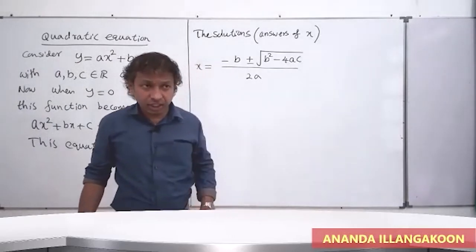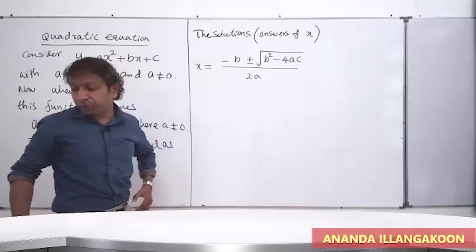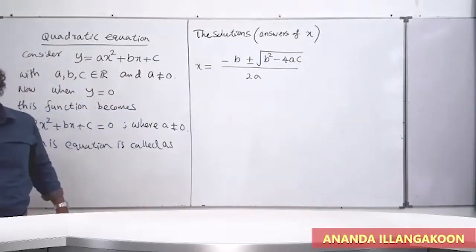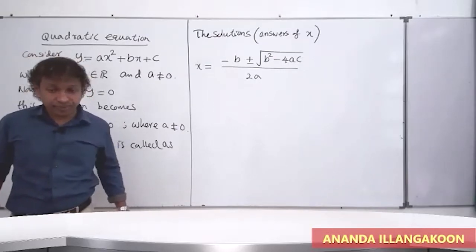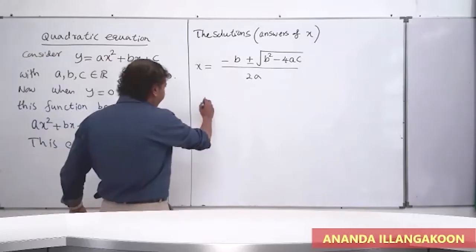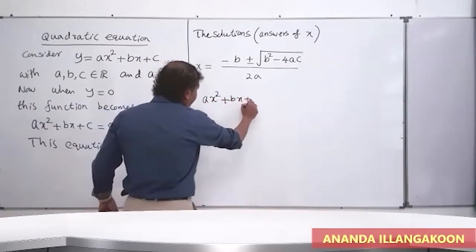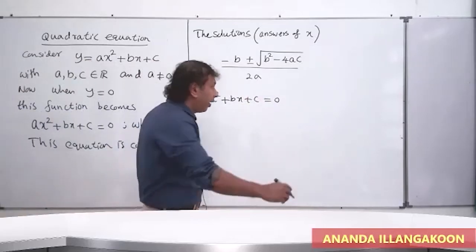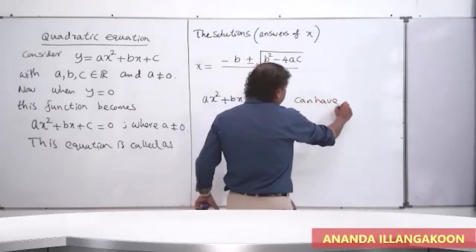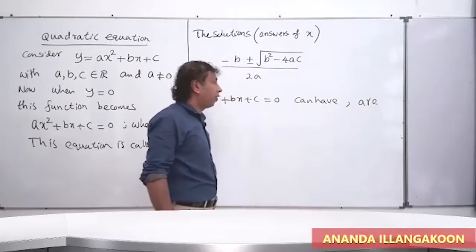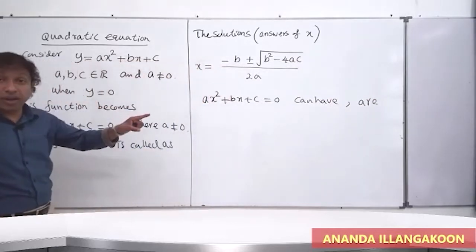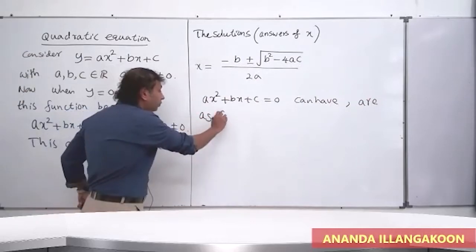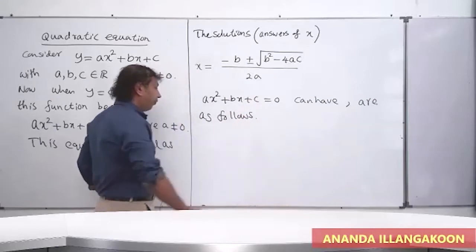The quadratic equation ax squared plus bx plus c equals 0 can have roots as follows.